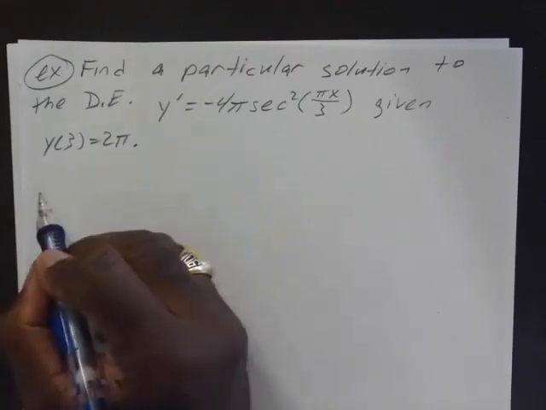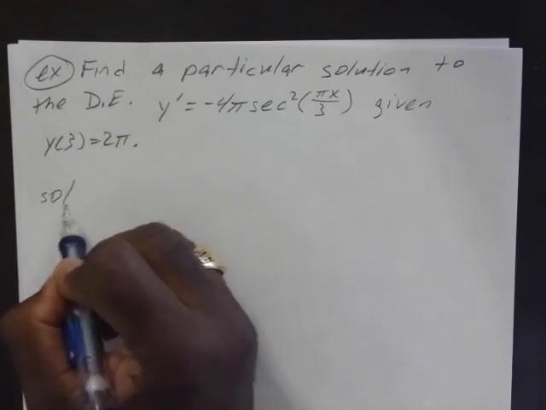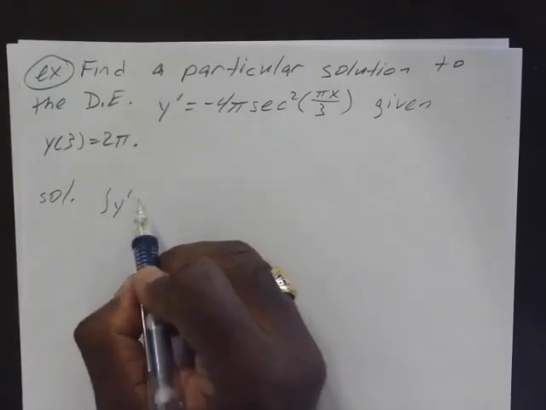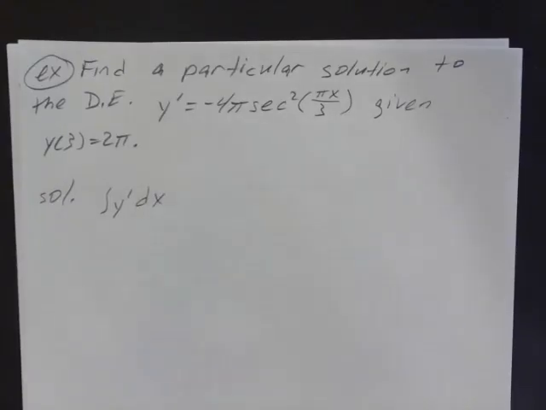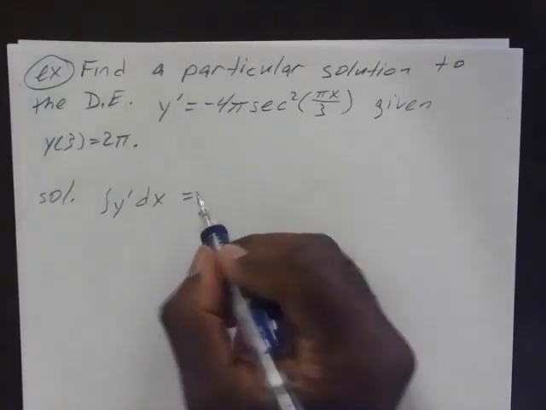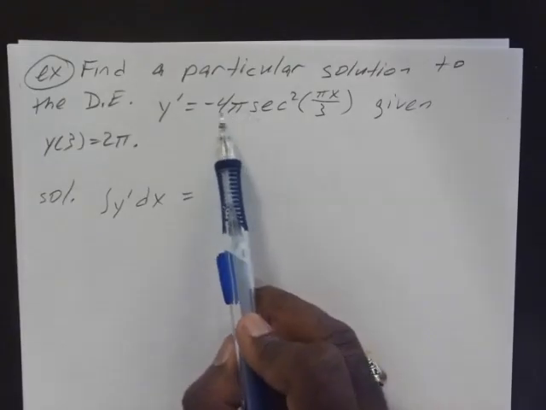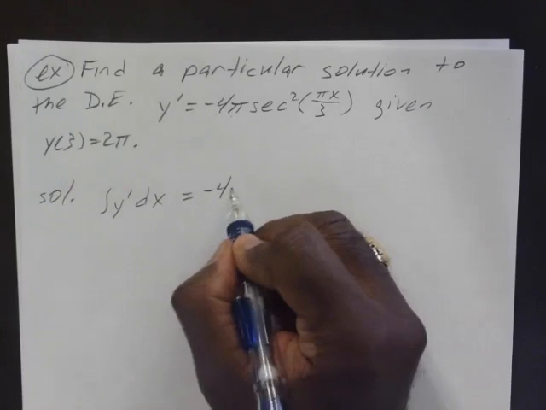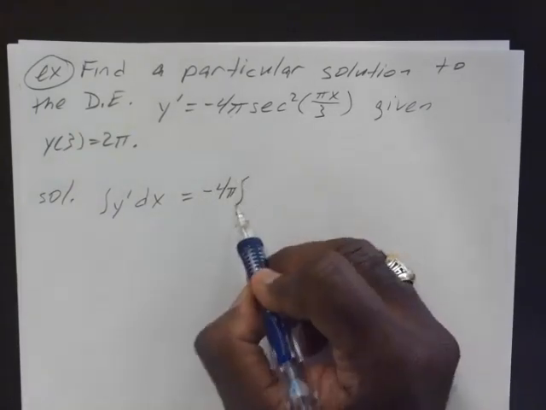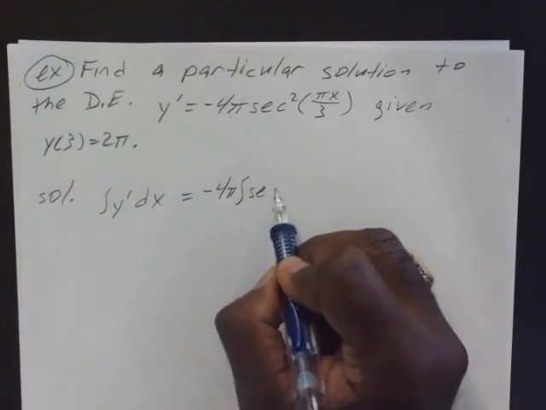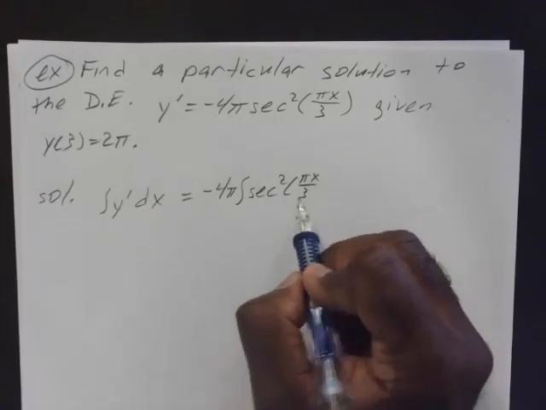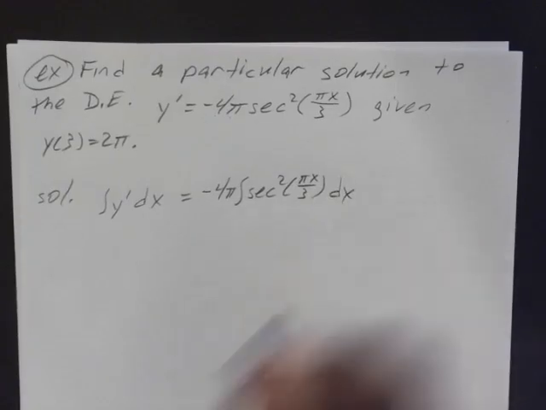Okay, so again, we can go ahead and integrate each term. So the integral of y prime with respect to x is equal to, and we can go ahead and factor out that negative 4 pi just to make things a little easier, times the integral of secant squared of pi x divided by 3 with respect to x.